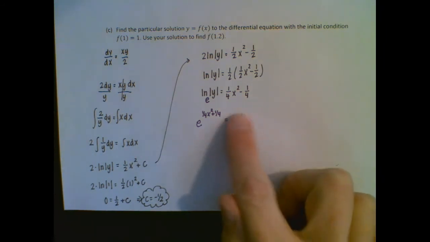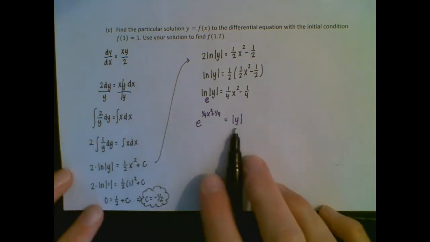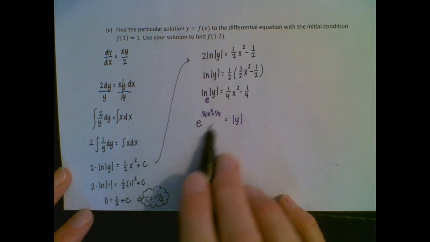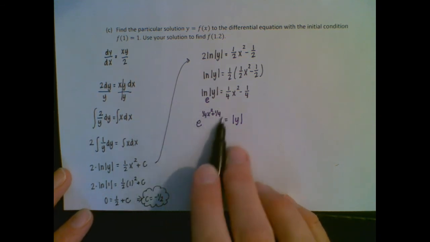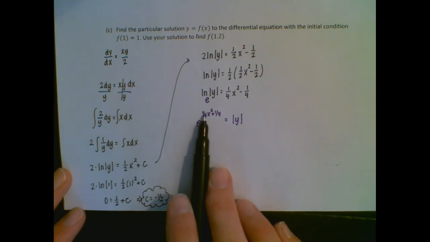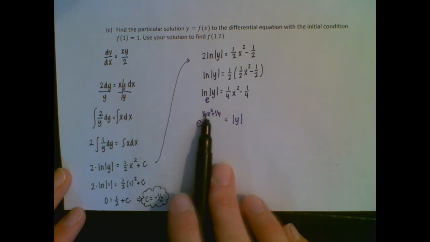But then what does this mean? What does the absolute value of y mean here? We want to get y equals, not the absolute value of y. So that would mean that y could actually be either plus or minus this quantity. Because if I put a positive e to this exponent into an absolute value symbol, I'm going to get a positive e raised to this exponent.